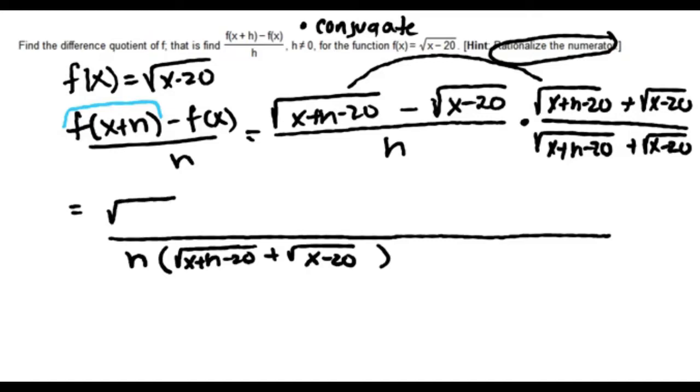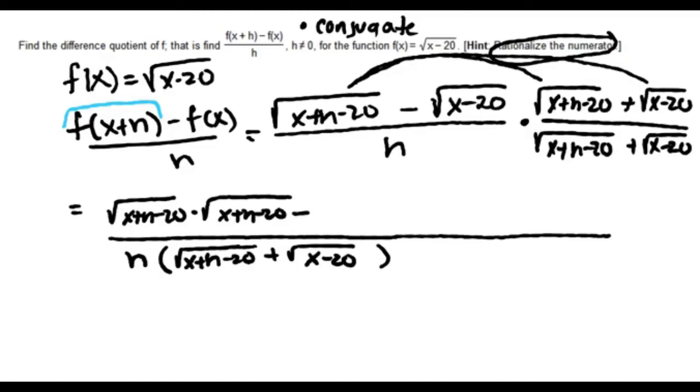We have square root of x plus h minus 20 times square root of x plus h minus 20. When we multiply those two together, because they have the same radical and the same thing under the radicals, they end up canceling each other out. We'll take a look at that in just a few moments on the next step. So then we're going to multiply the outside two.